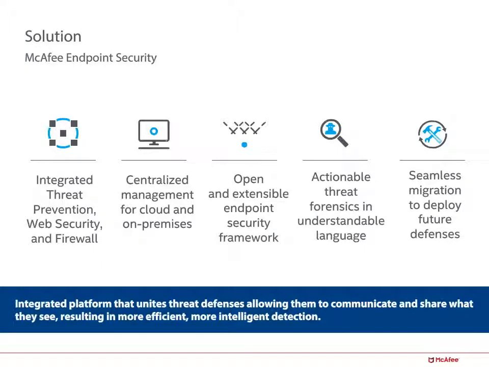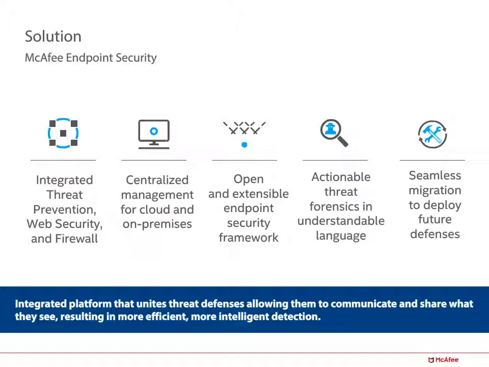The McAfee Endpoint Security is a totally modular and integrated product where you could have the threat prevention protection, you can add on the web security, and then you can also utilize the firewall. The nice thing about it is this is all managed from EPO, and you could use the cloud EPO server or the on-premise.